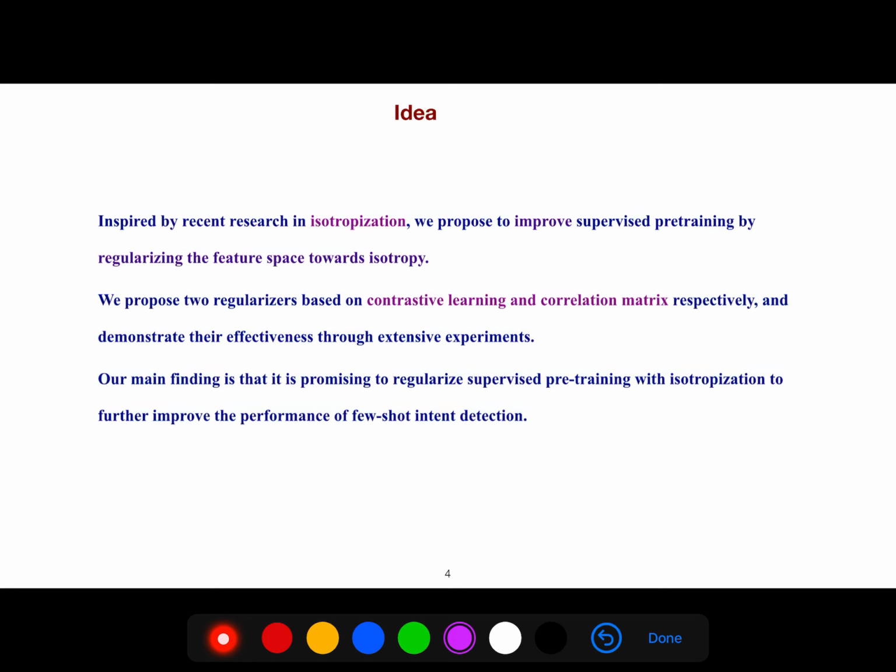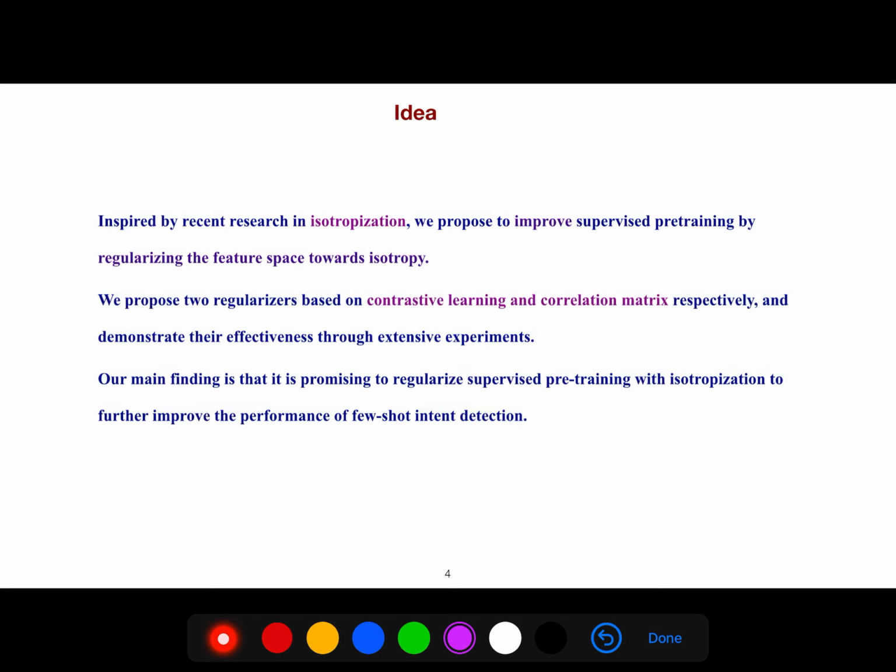Inspired by recent research in isotropization, we propose to improve supervised pre-training by regularizing the feature space towards isotropy. So we propose two regularizers based on contrastive learning and correlation matrix respectively, and demonstrate their effectiveness through extensive experiments.